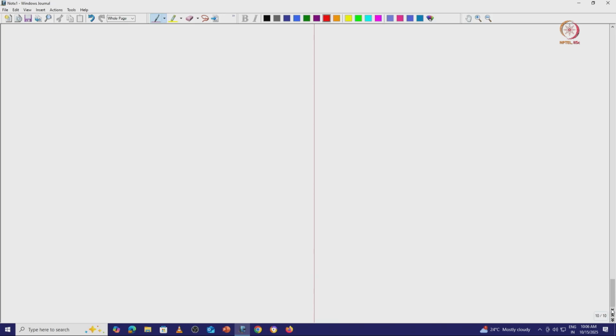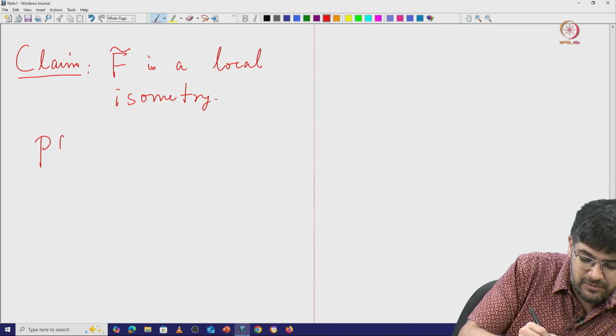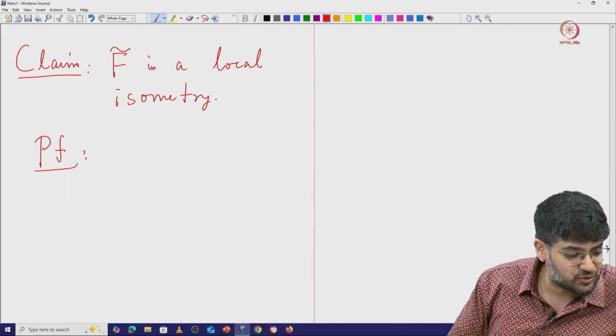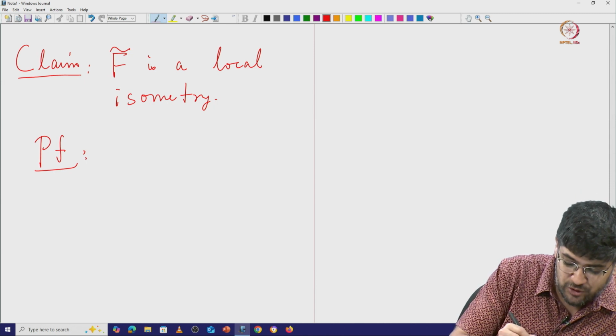So now the claim is that f tilde, the lifted map, is a local isometry. Okay, the proof is not very difficult. You just trace through by chain rule.